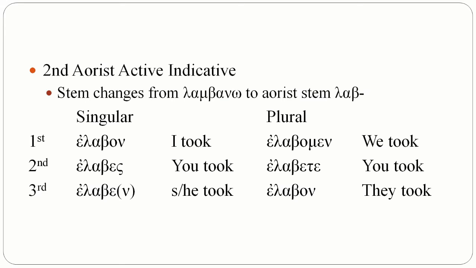Another thing to keep in mind is that there are some slight variations on this as well. If you have a verb that begins with a vowel, it will not have an epsilon stuck to the front of it normally. Normally what happens is that the epsilon augment gets blended into the vowel that begins the stem, and the vowel just shifts from a short vowel to a long vowel. If you have a word that begins with an epsilon, when you turn it into an aorist, that epsilon will turn into an eta.